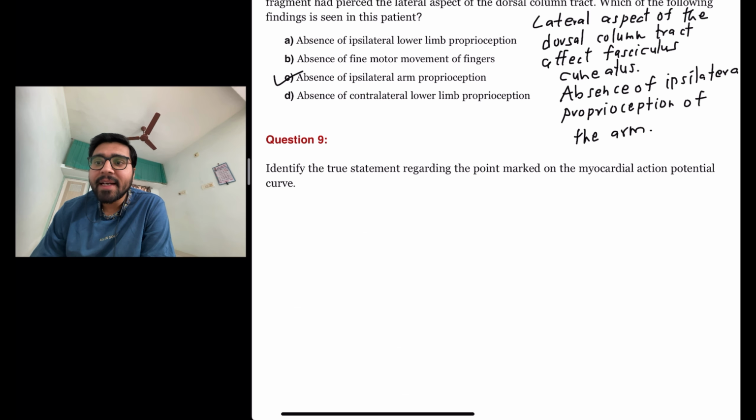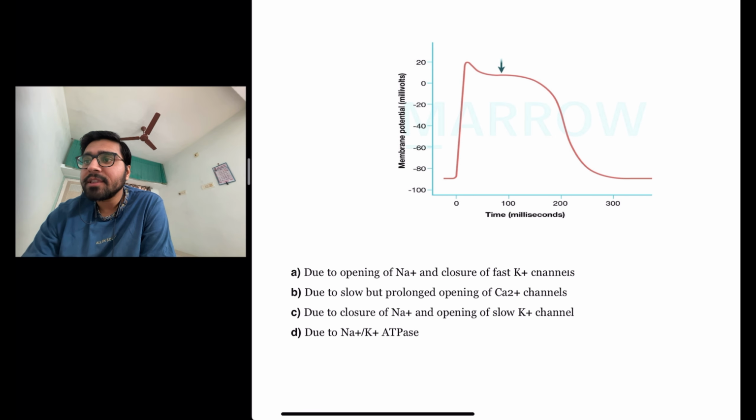The next question is, identify the true statement regarding the point marked on the myocardial action potential curve. This one is the point marked.